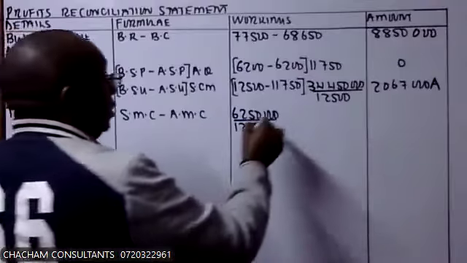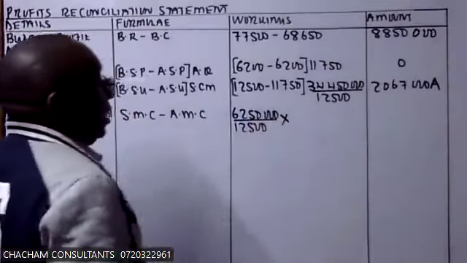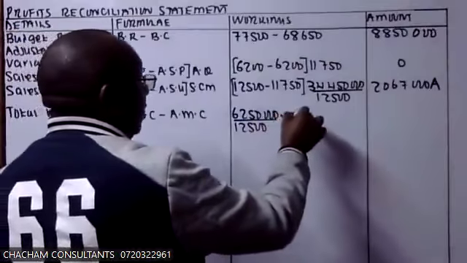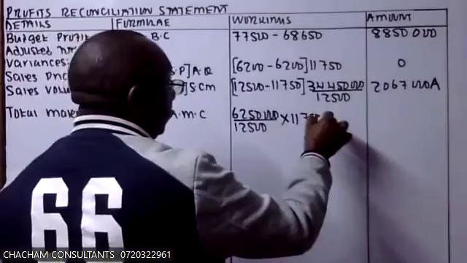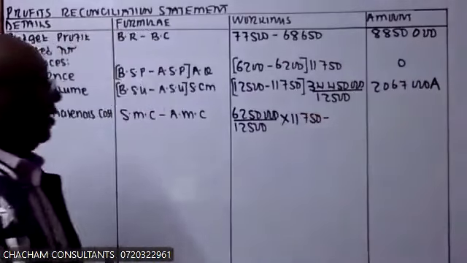Then this is multiplied by the actual kilometers, 11,750.